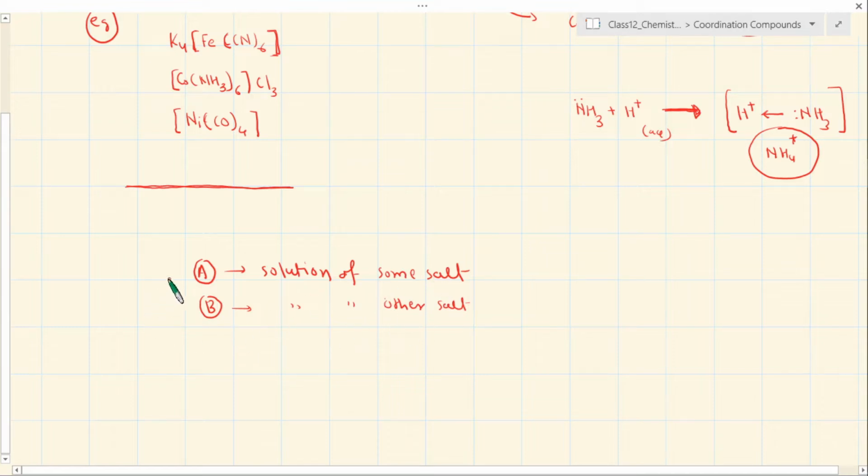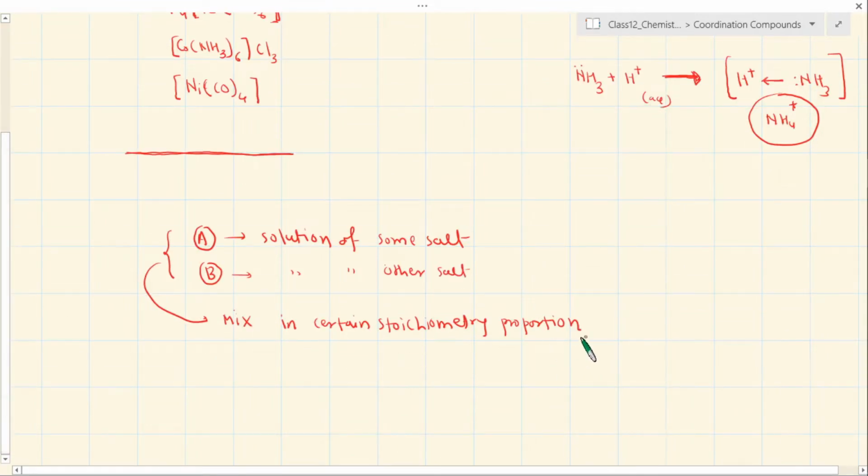I will give you the example, don't worry right now. When you mix them in a certain stoichiometric proportion, see, this is important, then you get a mixture.